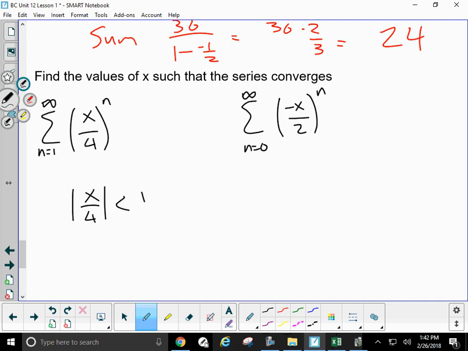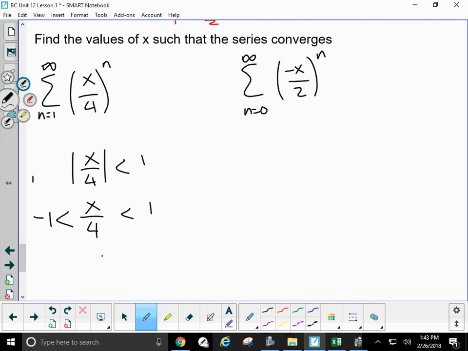We can either solve this absolute value, understanding that the positive and the negative of the x over 4 has to be less than 1. Well, that gives you this equation. X over 4 has to be bigger than -1, but less than 1. And then that's how we can get the answer that x is between -4 and 4. I'll do the rest of the examples on the lesson. Homework's out of the book.